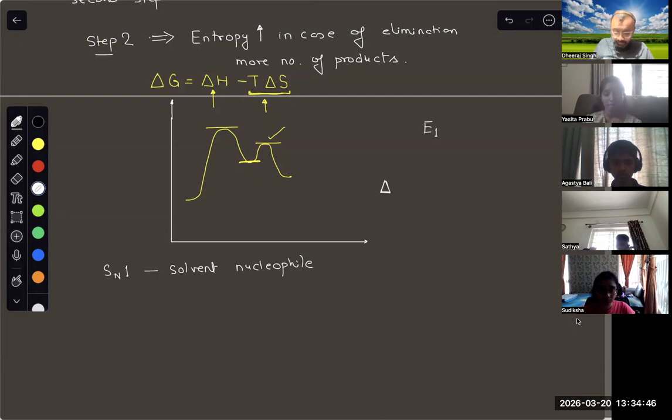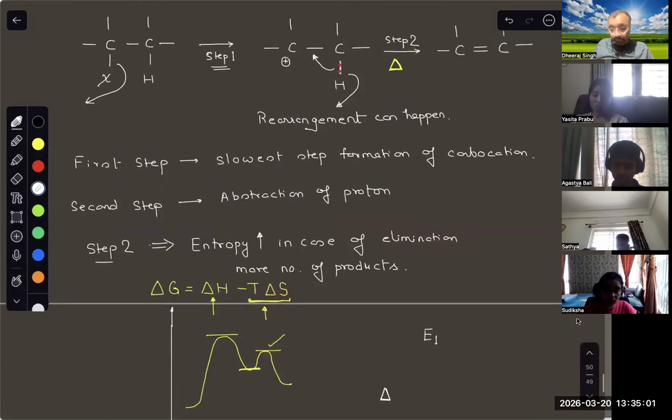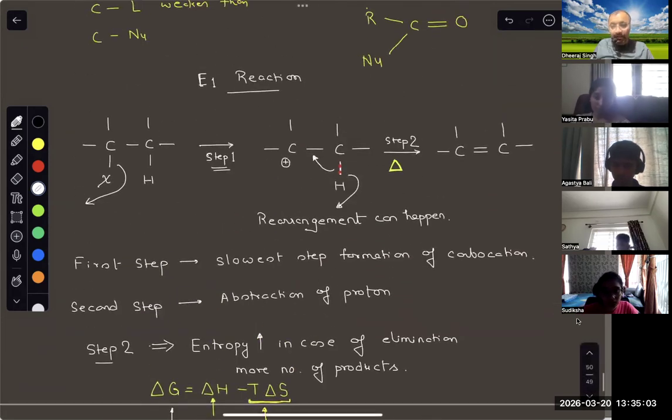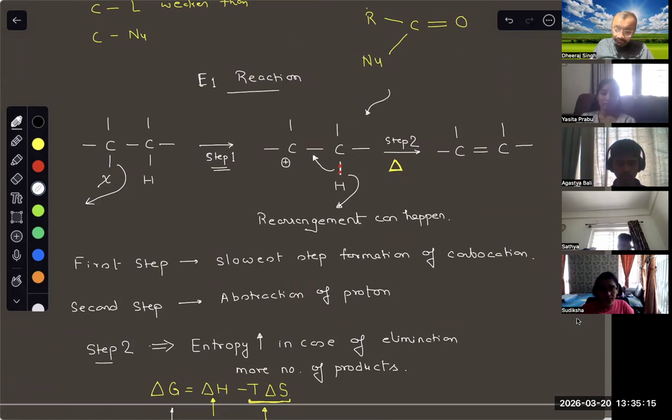The delta sign. In E1, the nucleophile acts as a what? Anybody guess? Where does the nucleophile attack?